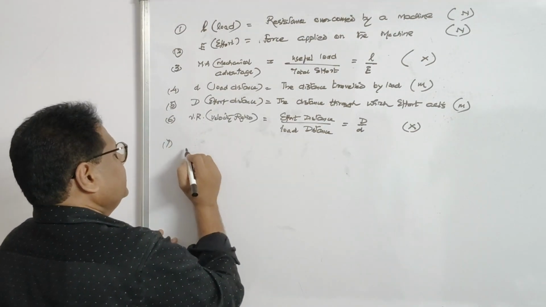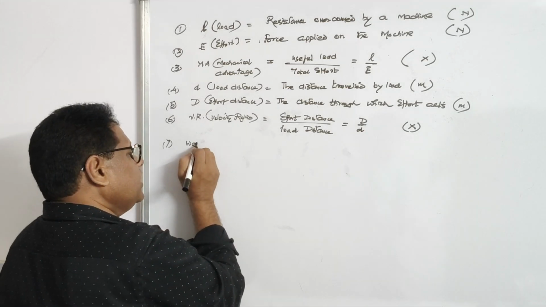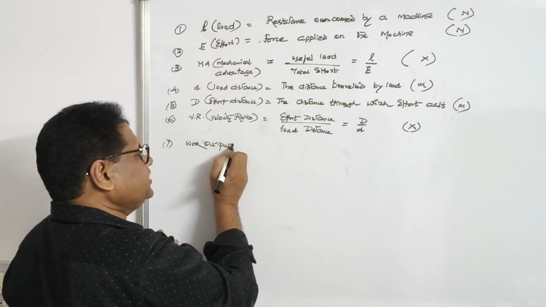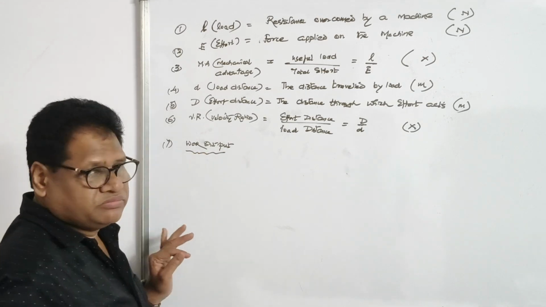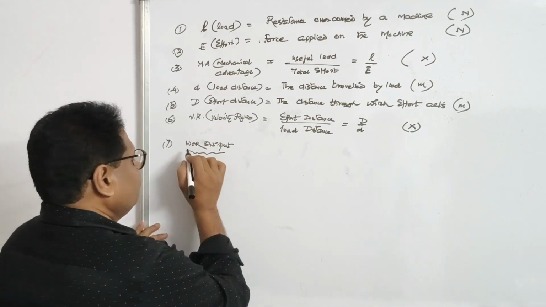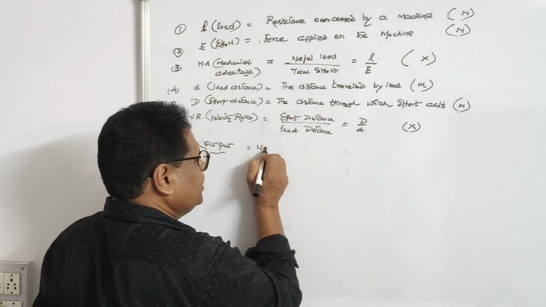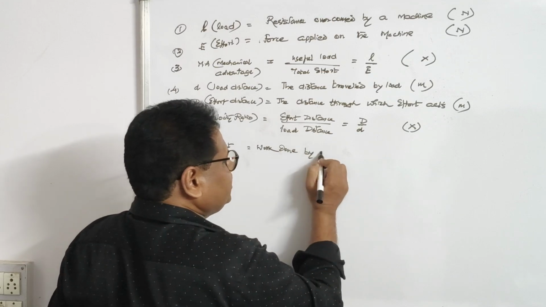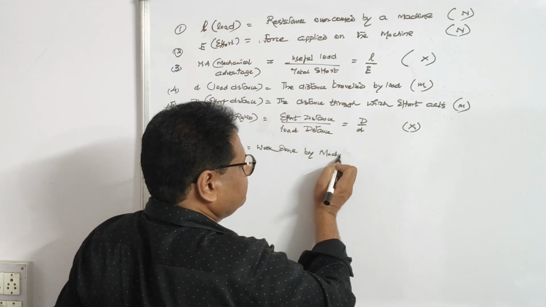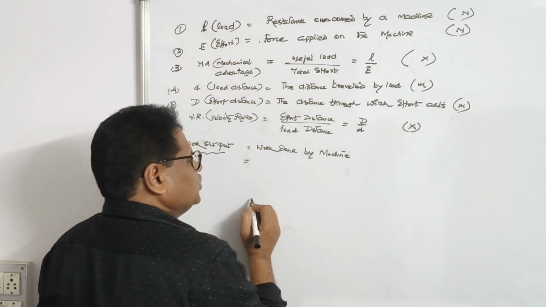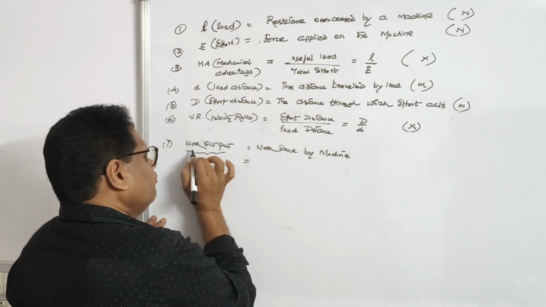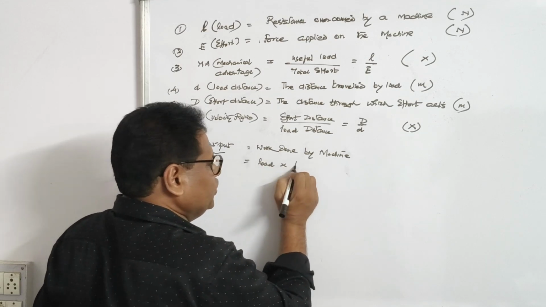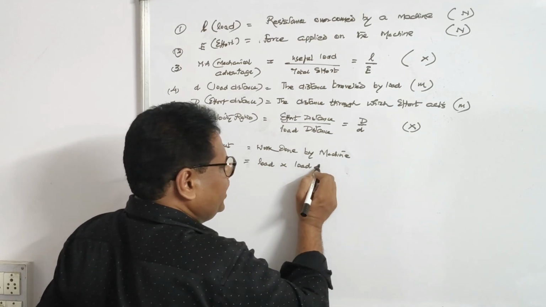Then we have the work output. Work output means the work done by the machine. So work output is work done by machine, and this equals the load into load distance.